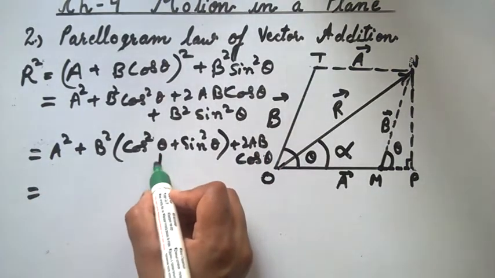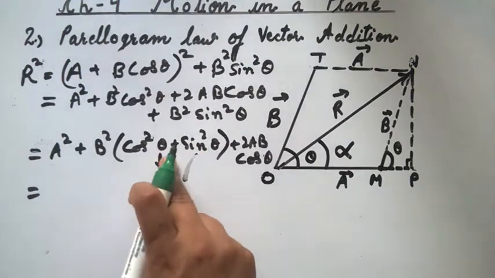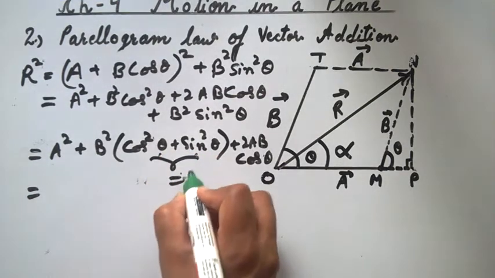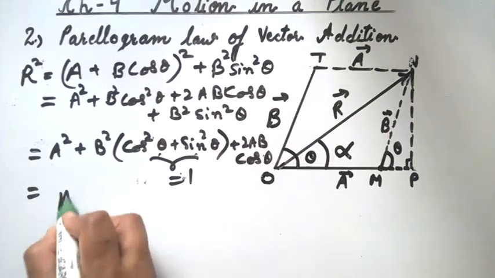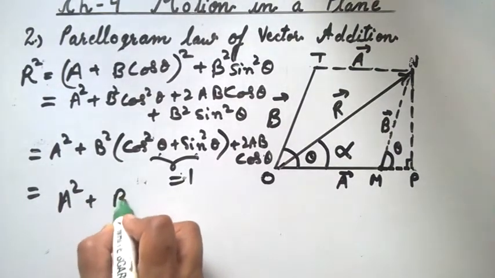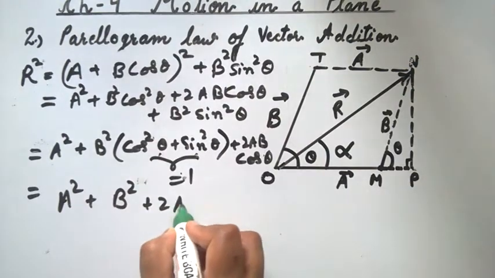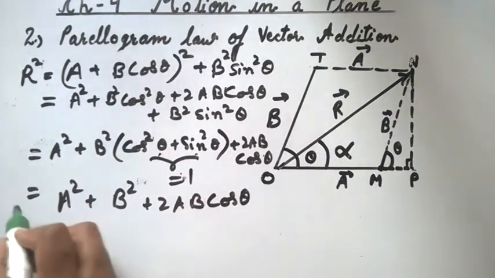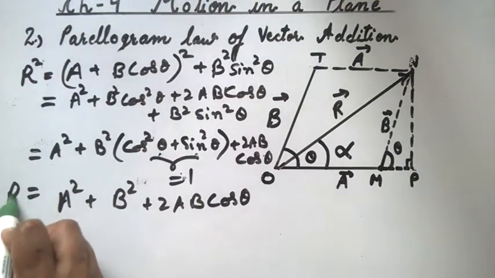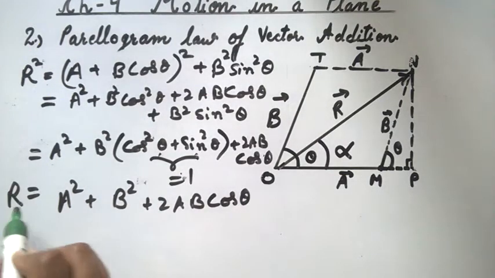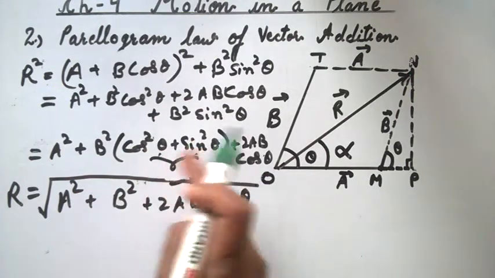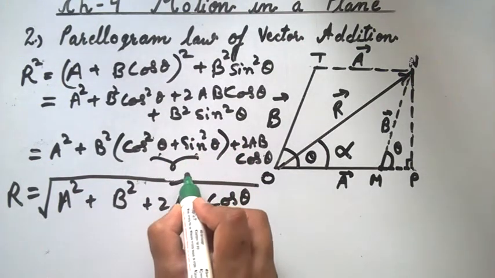This is equal to 1. This is an identity. Therefore, A square plus B square plus 2AB cos theta. And if we are talking about its magnitude R, then it is equal to the square root of A square plus B square plus 2AB cos theta.